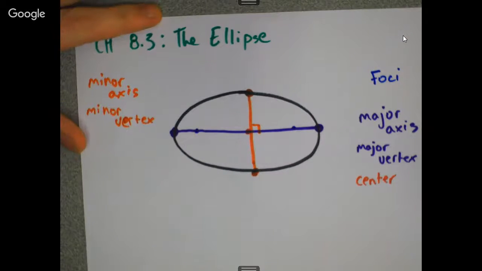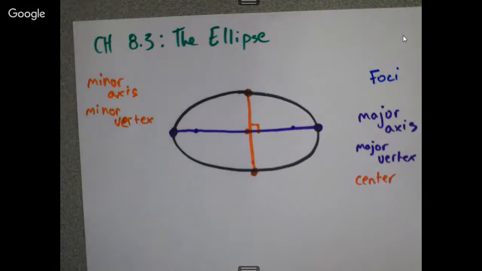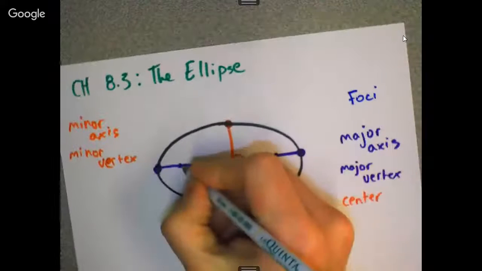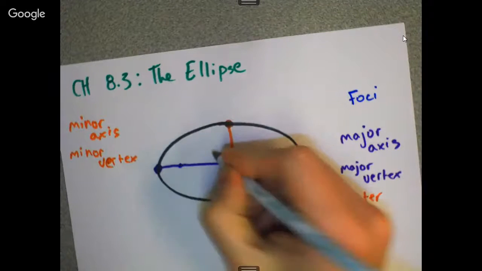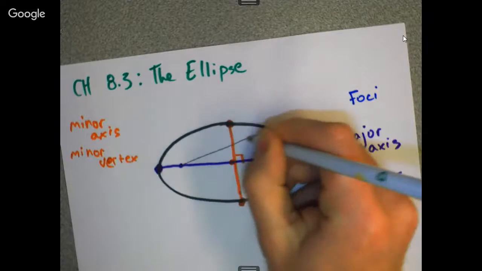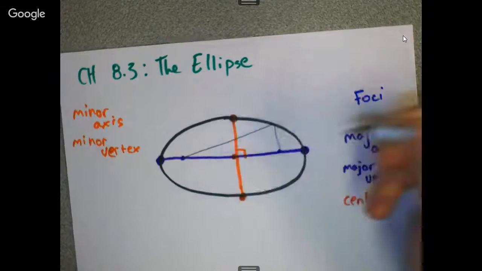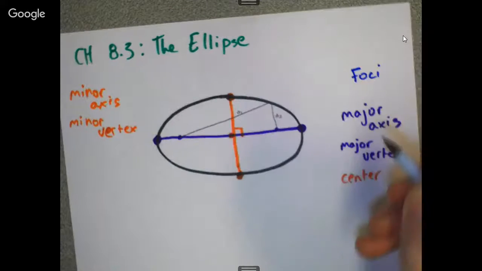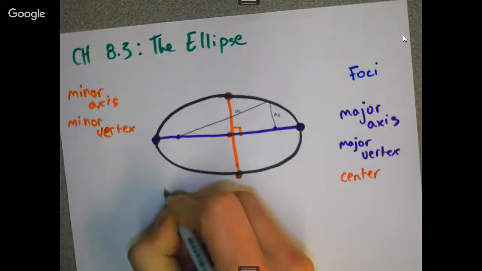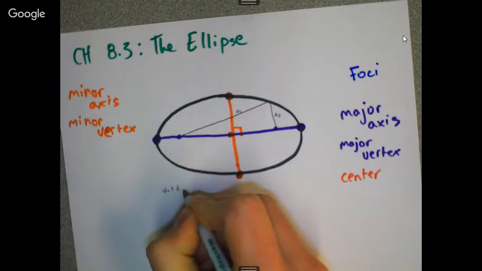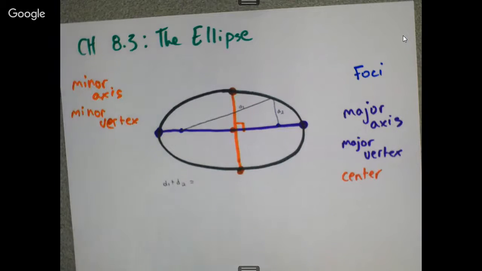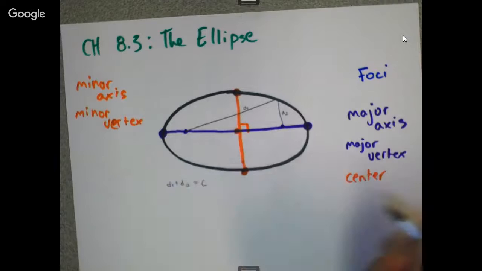Okay. Now there's a couple other measurements on this that we want to know. So if I take the distance from here to here and here to here, and add those two together, D1 plus D2, I get my entire string that I used, or some constant.